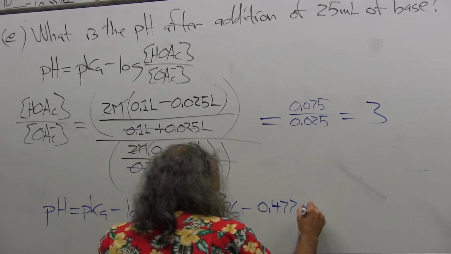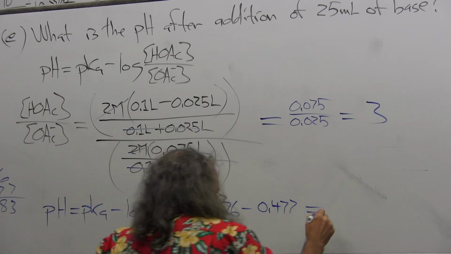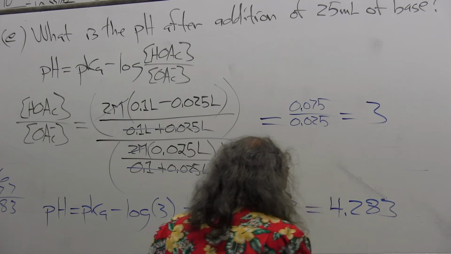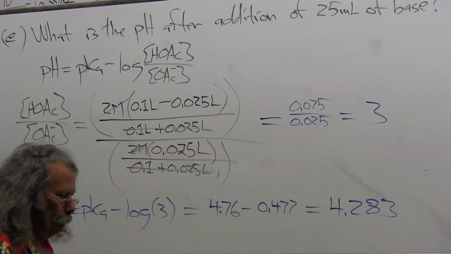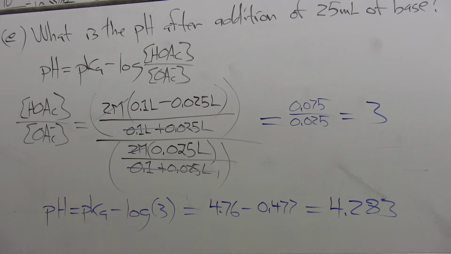And I'm going on my scratch paper just to make sure I don't make a mistake. 0.477, that's a 3. This is 15, which is an 8. This is 6 minus 4, which is 2. So it's equal to 4.283.